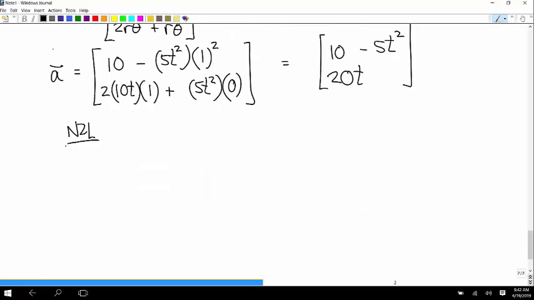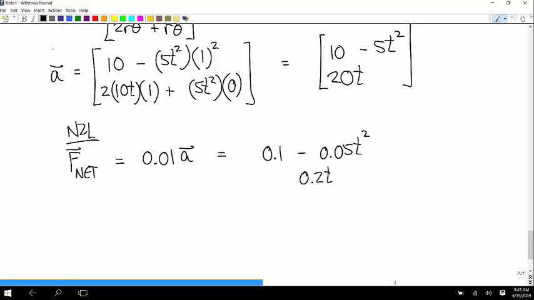And so Newton's second law says that the net force on this object as a function of time is 0.01, that's the mass, times the acceleration, and that's 0.1 minus 0.05 t squared, and then 0.2 t. Any questions about that?